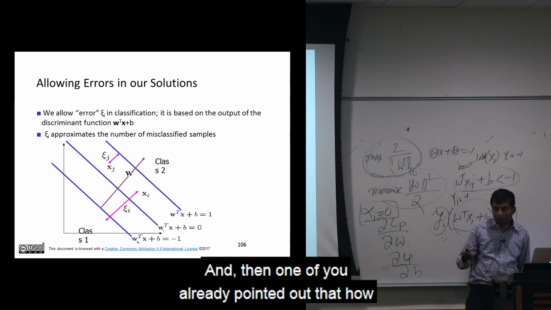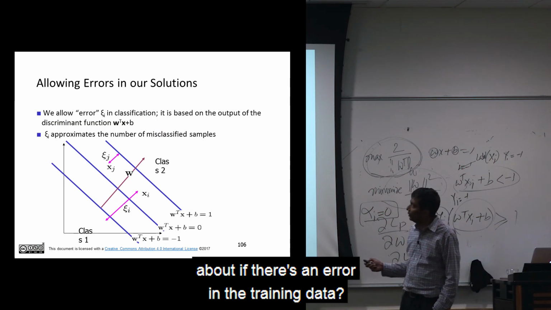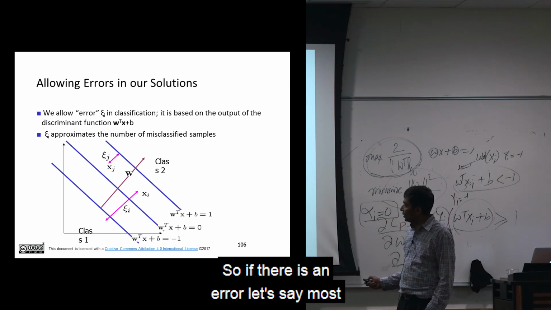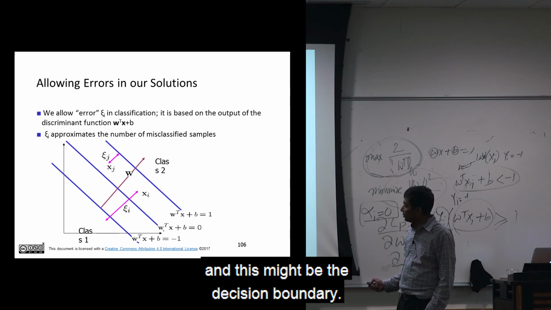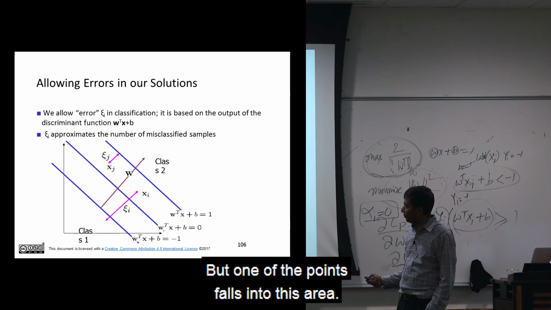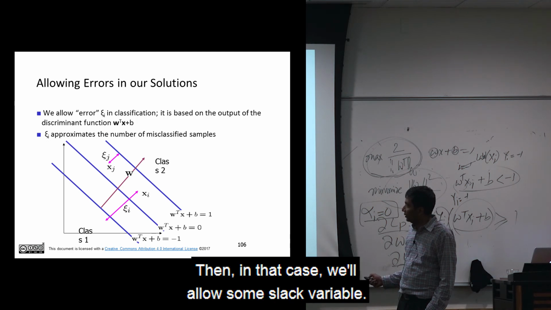Then one of you already pointed out: how about if there is an error in the training data? Let's say most of the data points fall into this region, and this might be the correct decision boundary, but one of the points falls into this area. In that case, we will allow some slack variable.